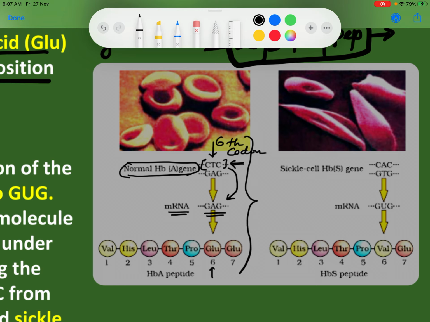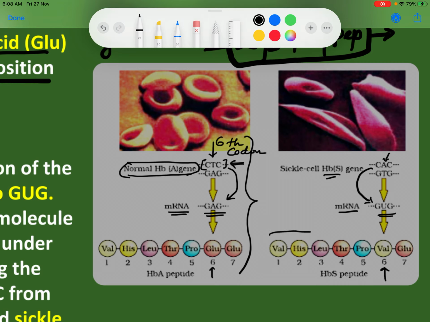But if it is HbS gene, that is mutant gene, T of the middle is replaced by A. So DNA coding is CAC. So transcription or mRNA will be showing GUG, and that will be responsible for the production of valine at the 6th position.